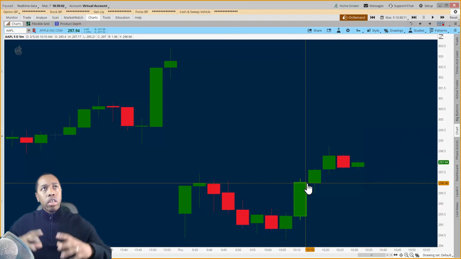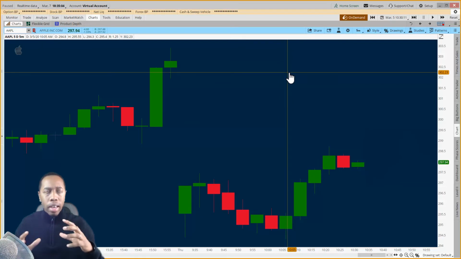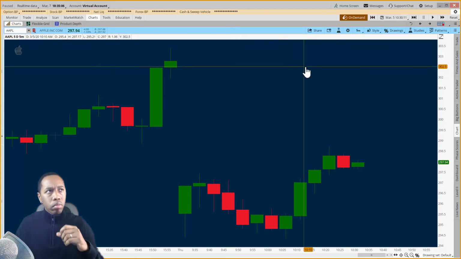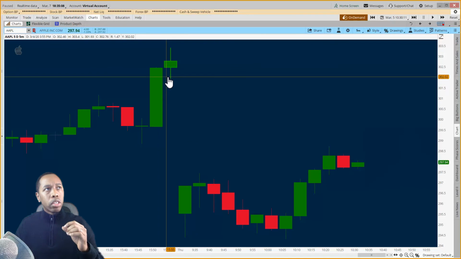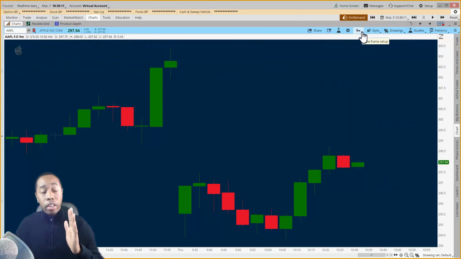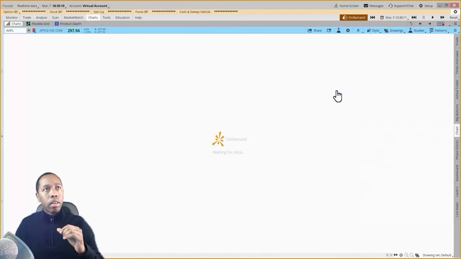And swing traders are trading off of the bigger time frames, like the dailies and the 30 minutes. So this is important because the candlesticks are formed based off of the time period that you set your charts to read.